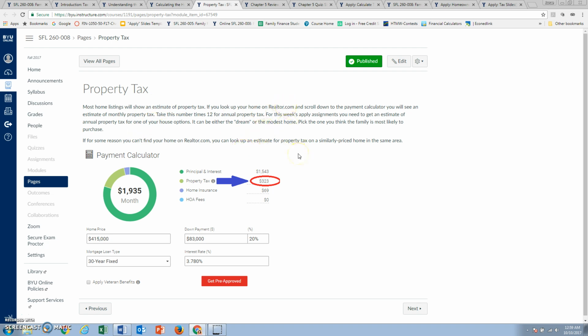If you scroll down to the bottom, you'll find something called Payment Calculator, and there they give you an estimate of annual property tax. If for some reason you can't find your home on Realtor.com, you can find a similarly priced home in the same area and use that number for annual property tax. Then you're going to divide that number by 12 to get your monthly property tax for your assignment.